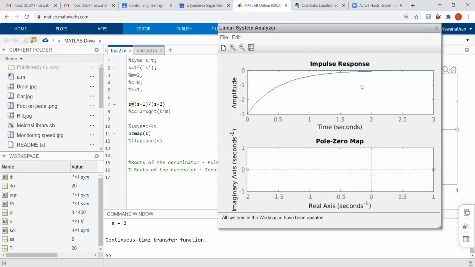Whether the system is stable or unstable, we're going to define only based on the poles, not based on zeros. This is a very important point you need to understand. So zeros are not going to make the system unstable, but poles can make the system unstable.